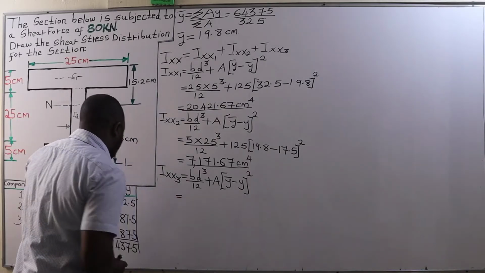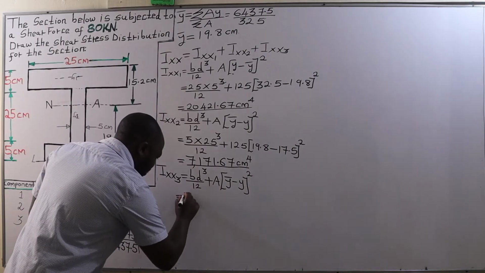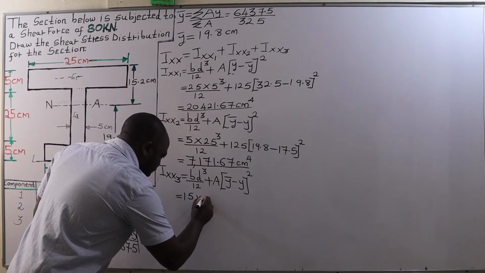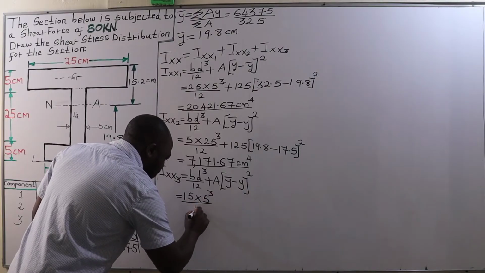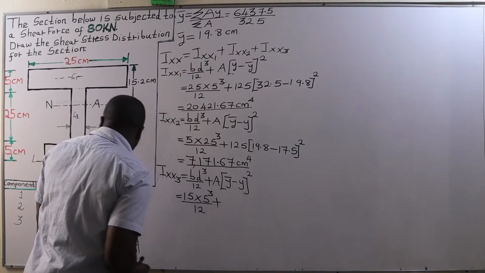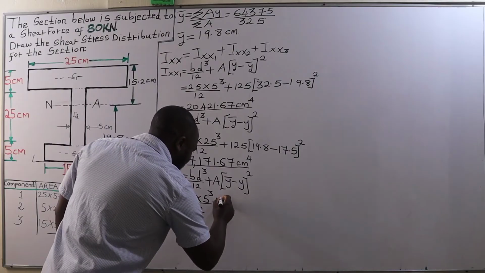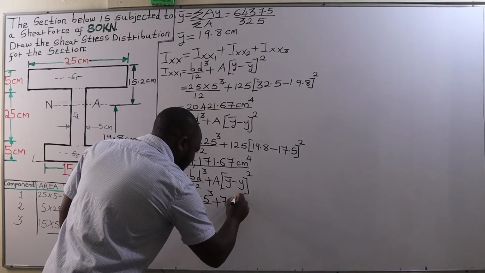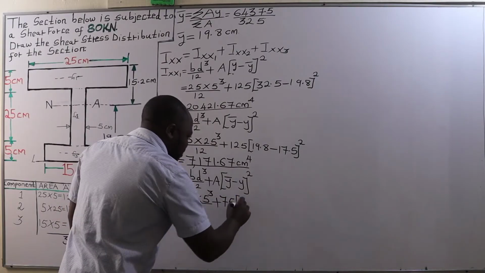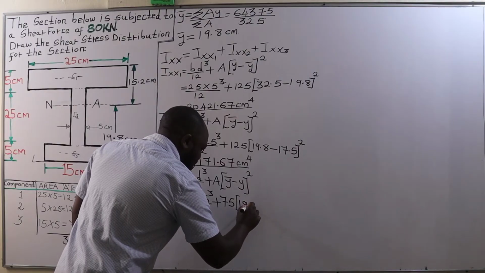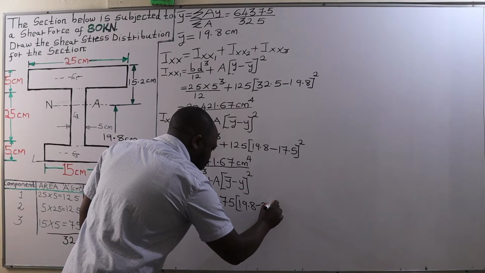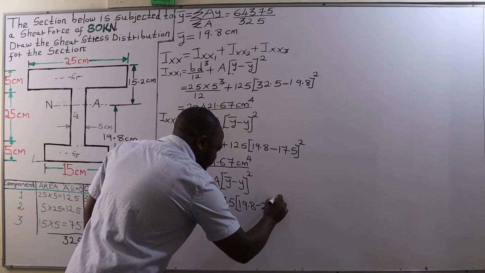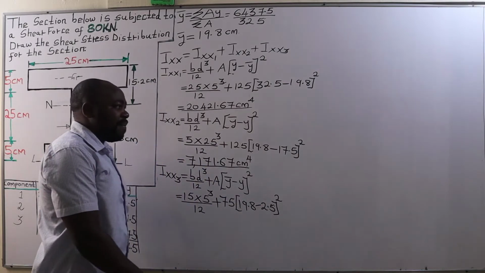And that's going to be the breadth of the bottom flange 15, depth 5 cubed, divide by 12 plus the area is 75 square centimeters into bar y 19.8 minus y 2.5, and that is squared.